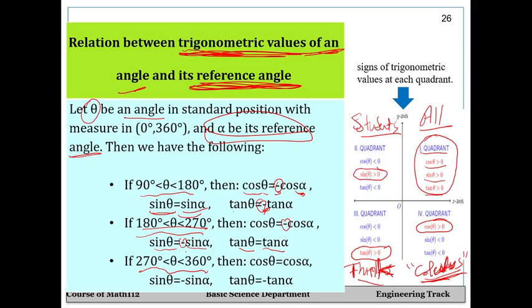It means all of them in the first quadrant are positive, only sine is positive in the second quadrant, in the third quadrant only tangent is positive, and in the fourth quadrant only cosine is positive. So this tells us the relation between the reference angle and theta: whether they're the same or the same except the sign.